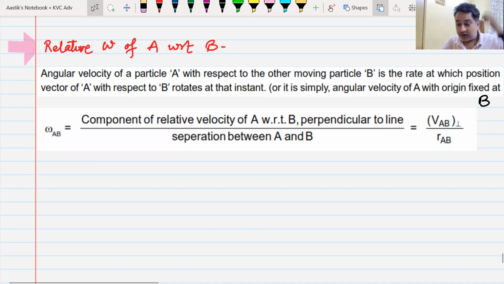The relative angular velocity of A with respect to B will be the component of relative velocity of A with respect to B perpendicular to the line joining A and B, divided by the separation between A and B. Don't worry, I'll show you the diagram as well.